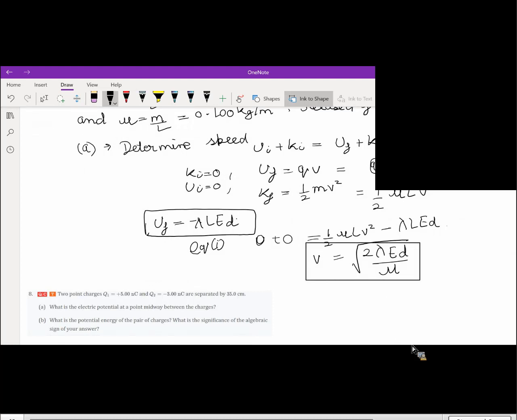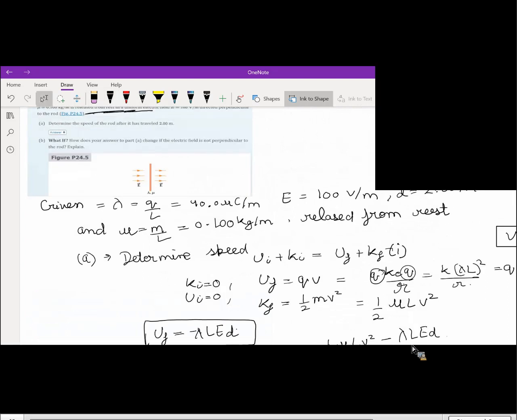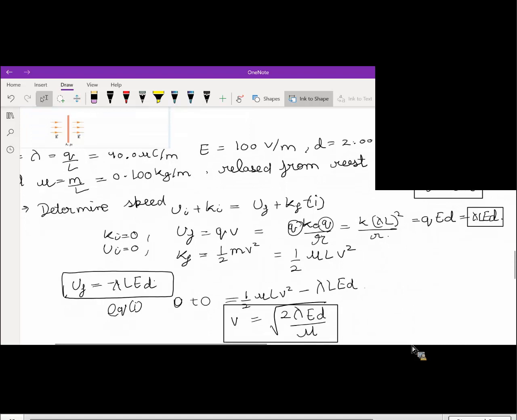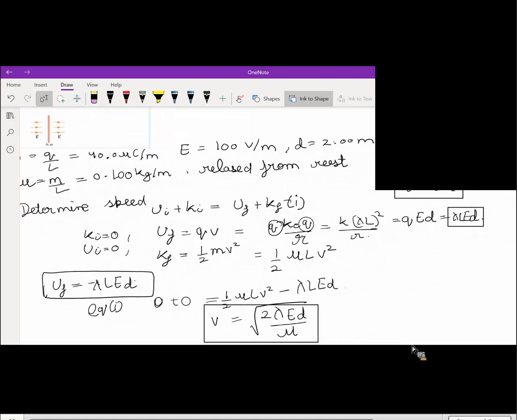Okay, so the second part of the question: how does your answer to part A change if the electric field is not perpendicular to the rod? So what do you guys expect? Before saying yes or no, think about what we did here. We equated total energy before and after, so conservation of energy.